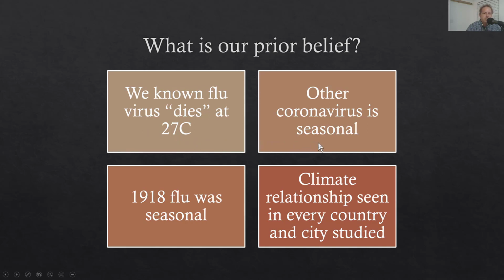We know that the cold coronaviruses are seasonal. The 1918 flu pandemic was seasonal. In every country and city that's been studied so far, there have been quite a few studies like this, they've always found climate relationships. So maybe we'd say our prior belief is that this thing is probably seasonal. And then we'd say this particular paper adds some evidence to that.